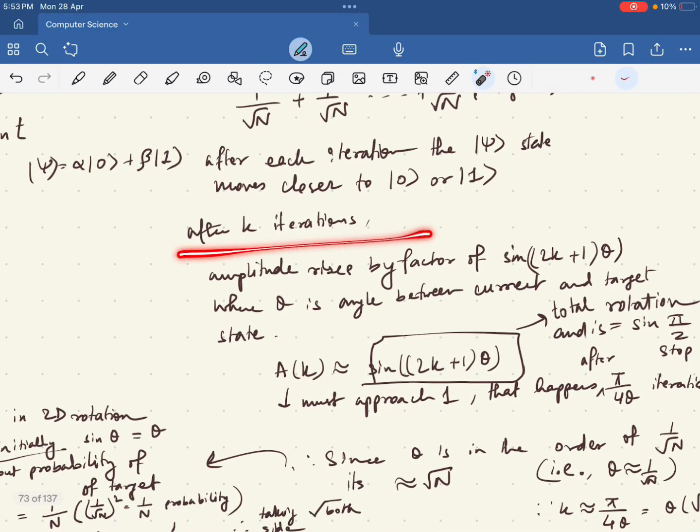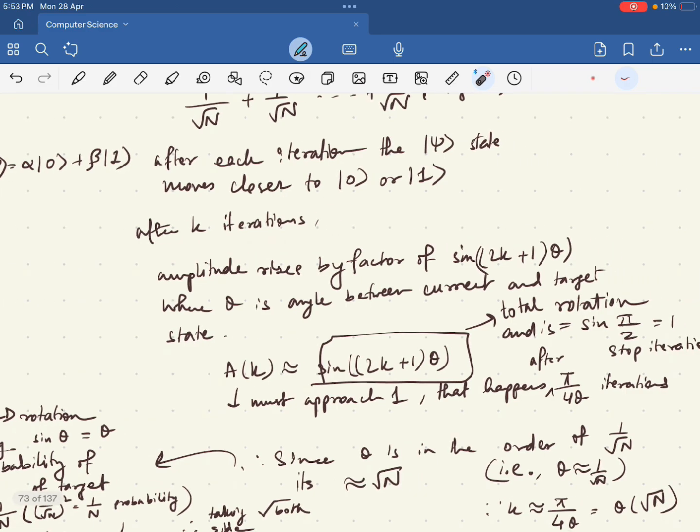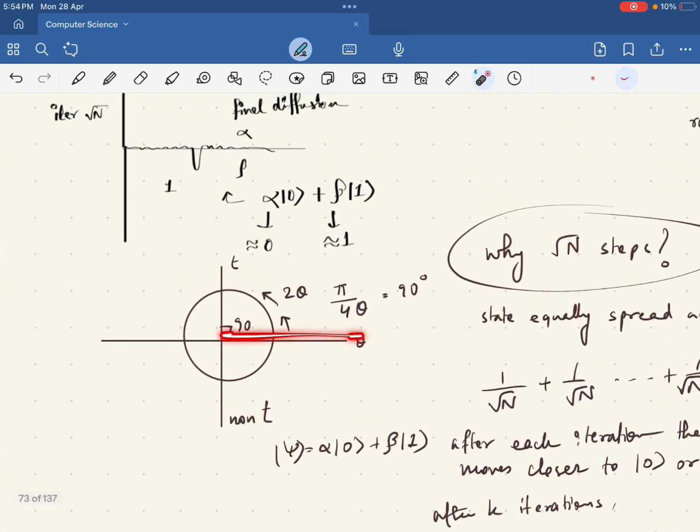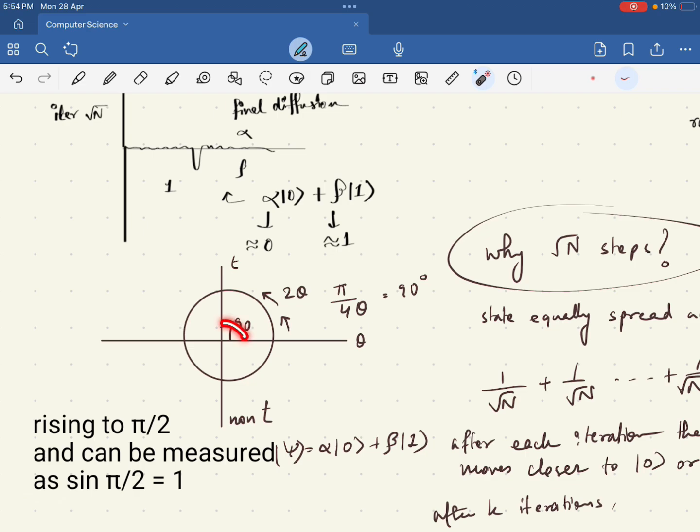Now after k iterations, we know the amplitude rises by a factor of sine of (2k plus 1) theta, which is simply equal to sine pi by 2, that is 1, showing that yes, the target is found. We can now say the amplitude after k iterations is equal to sine of (2k plus 1) theta, which is equal to sine pi by 2, which is equal to 1. See from this diagram, after k iterations it's rising to pi by 2, which is 90 degrees.